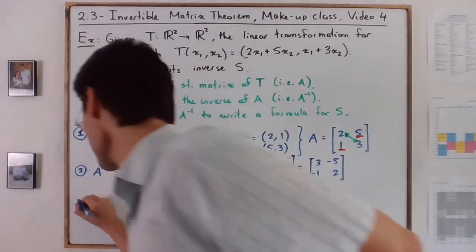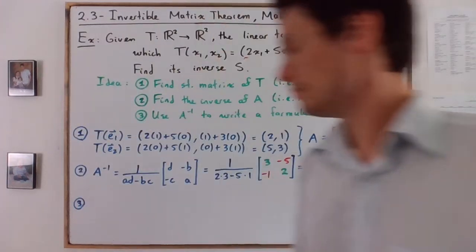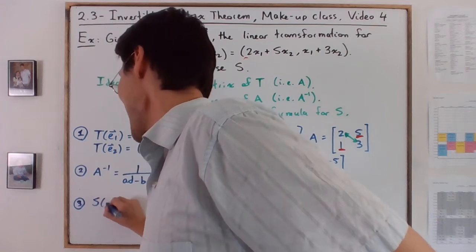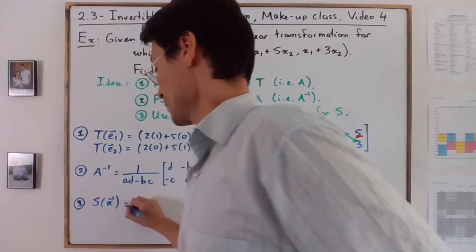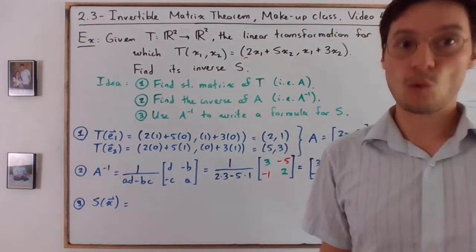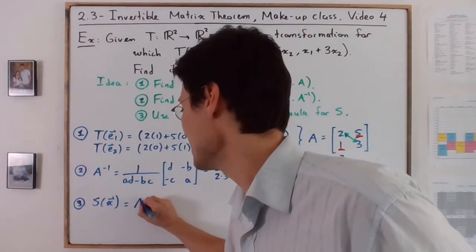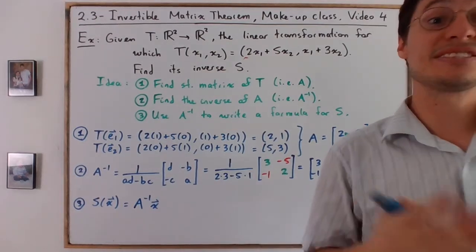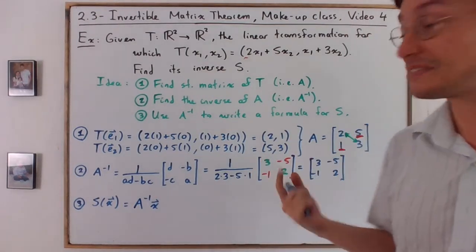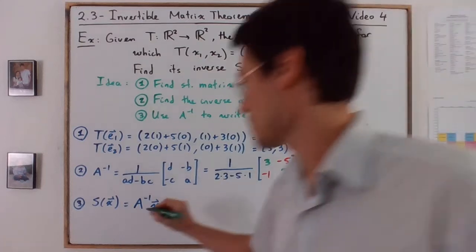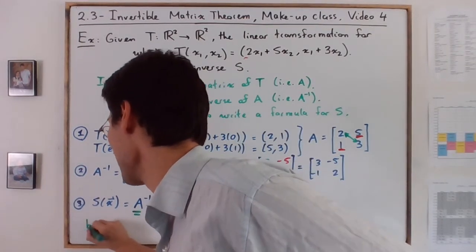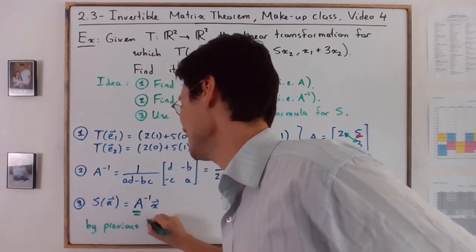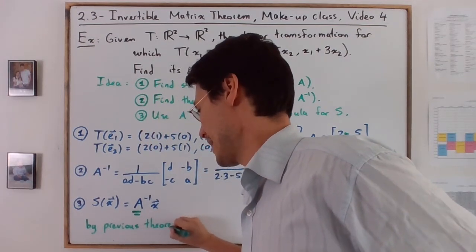So step number 3, very simple. What we want to do is to find S of x. Well, S of x is A inverse times x, because we know that A inverse is the standard matrix of the inverse of T. This is by previous theorem.